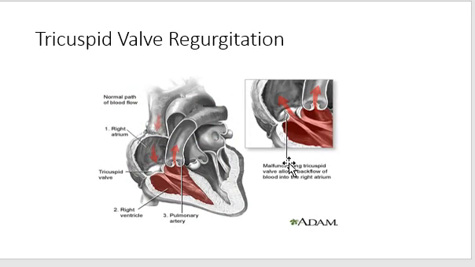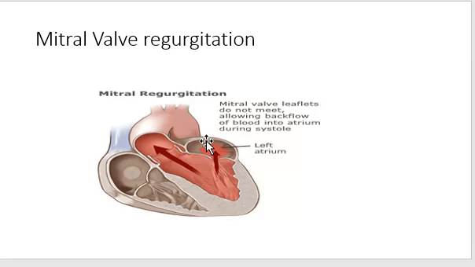With the tricuspid valve, there's backflow of blood into the right atrium. That's on the right side of the heart, whereas if you've got mitral valve involvement, you get backflow into the left atrium.